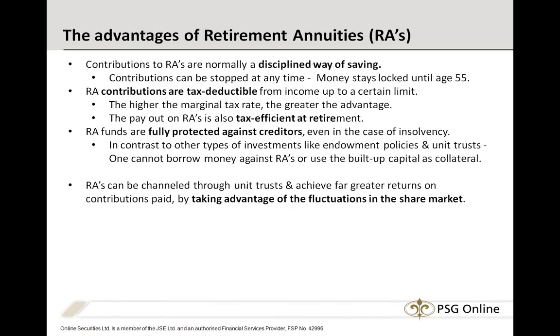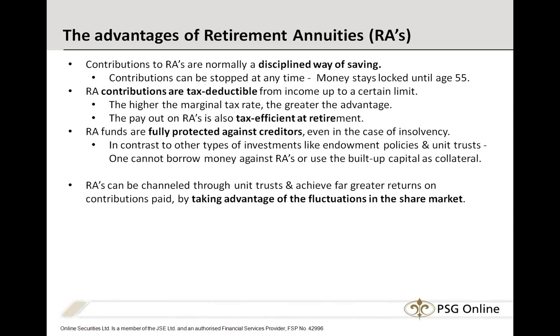What's nice about these things, if you look at some of the advantages, is that it's a disciplined way of saving. You can stop the contributions at any time. However, the money stays locked up until the age of 55 minimum. So that's one of the downfalls. On the other side of the coin, contributions are tax deductible up to a certain limit. The higher the marginal tax rate, the greater the advantage.